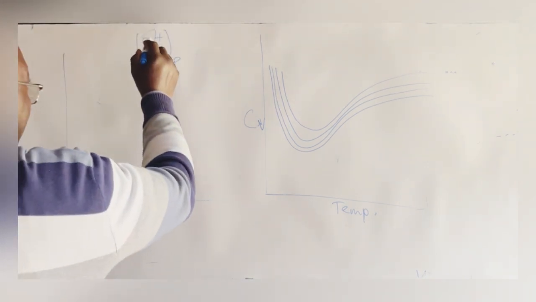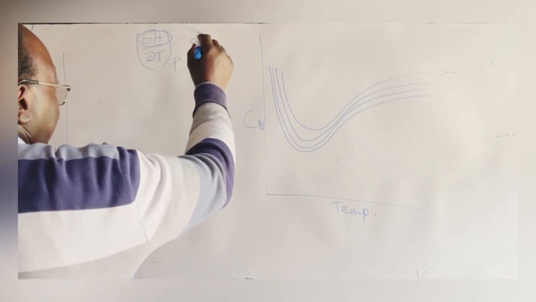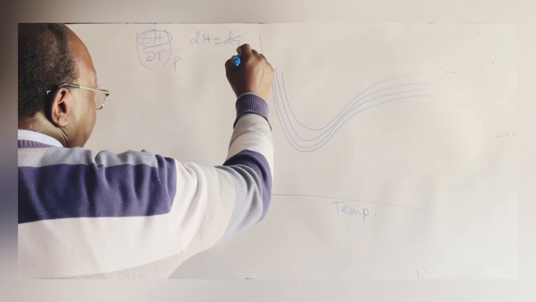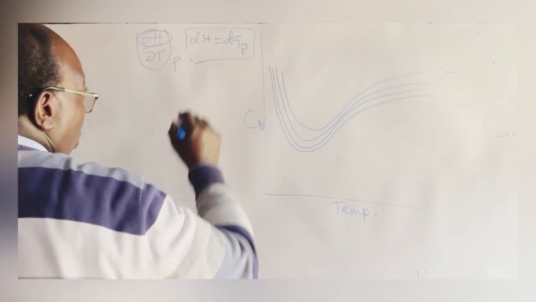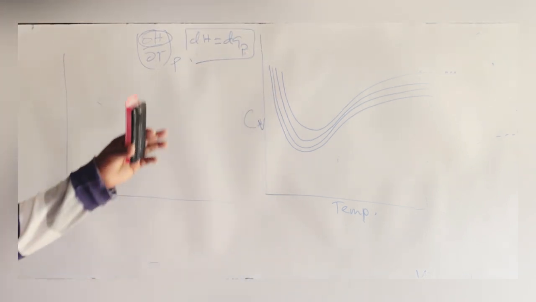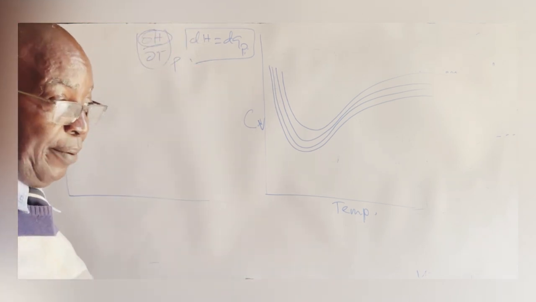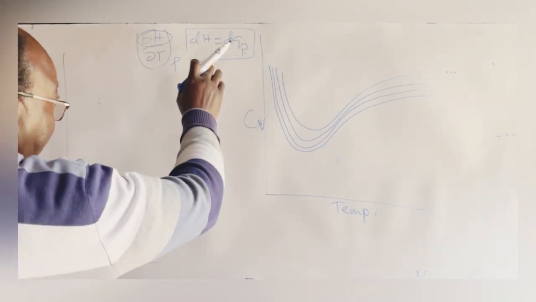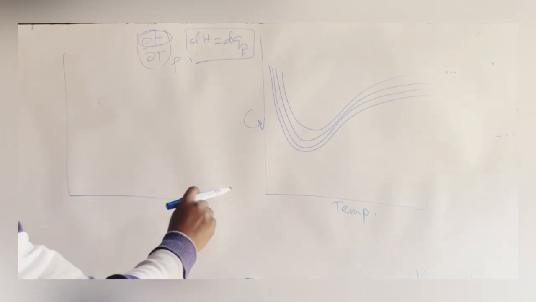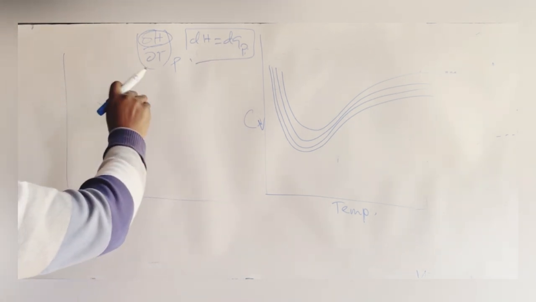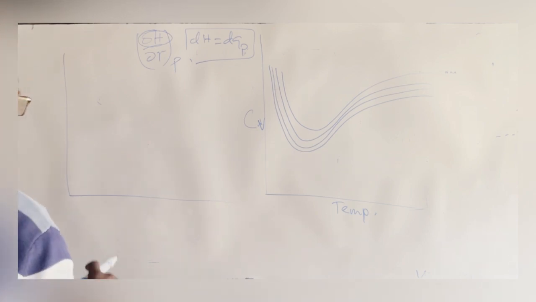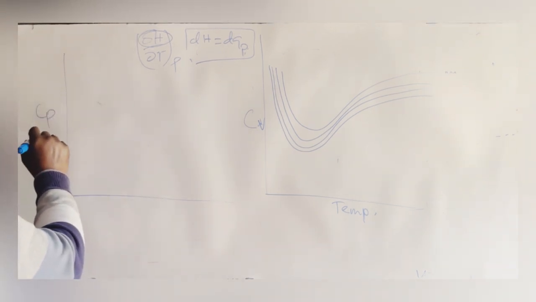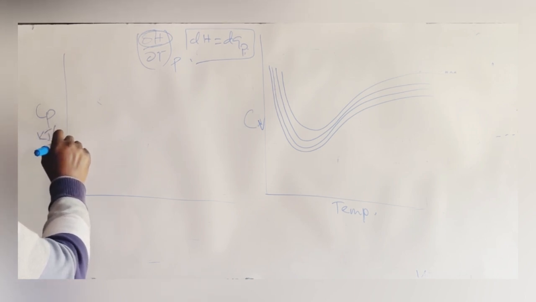You remember that dH is equal to the heat transferred under constant pressure. Once you make those enthalpy measurements, in the same way you take their variation with temperature, and the slope at constant pressure will give you Cp, the isobaric heat capacity, again in kilojoules per Kelvin per mole.